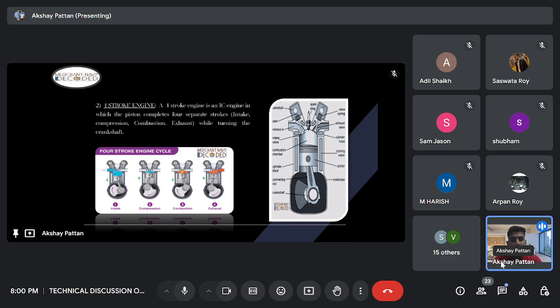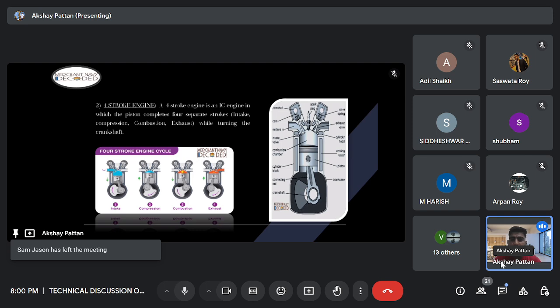Next one is the compression stroke. What happens in compression stroke? When the piston moves from BDC to TDC, there is a temperature increase and a pressure increase inside the cylinder. Okay. Due to the increase in temperature, the air and fuel mixture gets ignited, which results in expansion stroke.